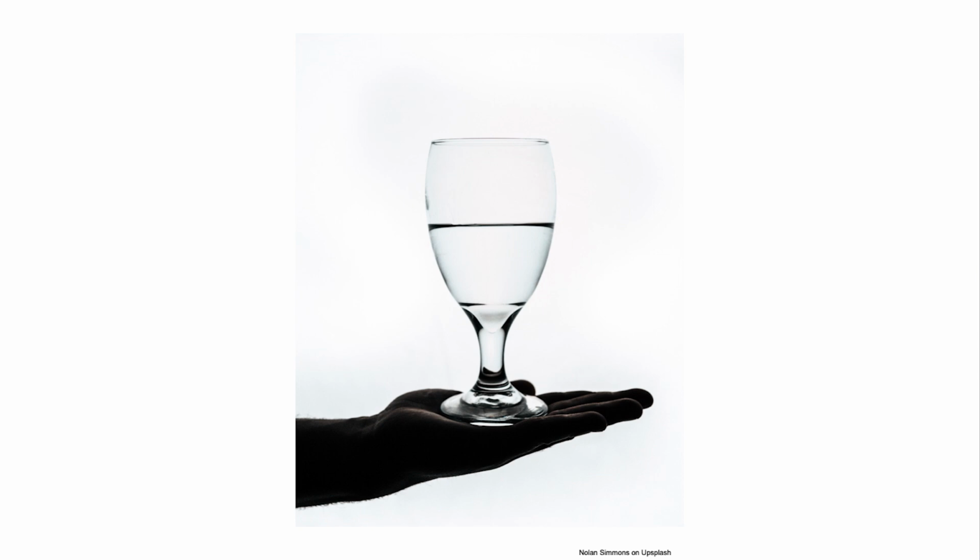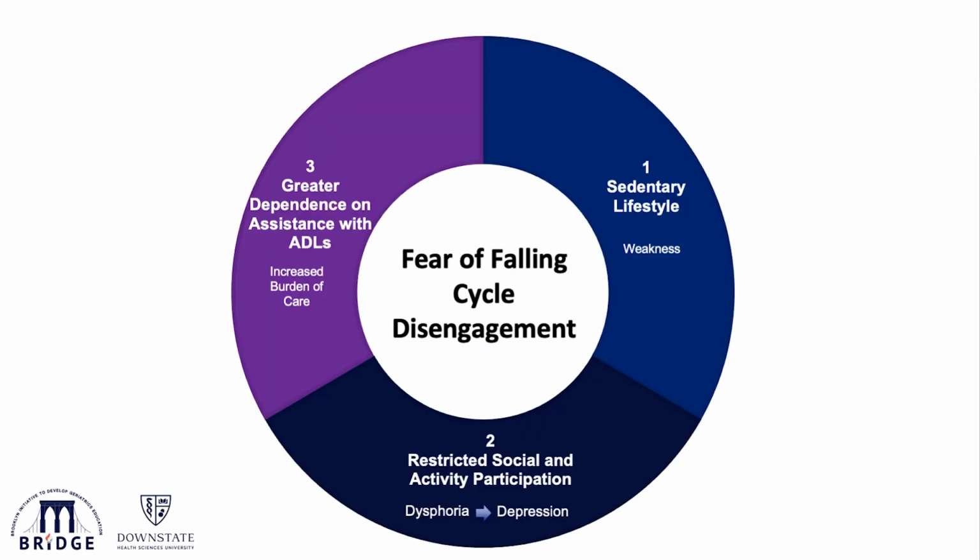So as I mentioned, if there's a fear of falling, the person is more likely to disengage. On this slide, you can see there's a circle, and there are 3 different numbers, 1, 2, 3, right? Look at number 1, when someone's fearful and they start to do less, and they don't go out and engage as much, they live a more sedentary lifestyle, that change in behavior can contribute to weakness, right?